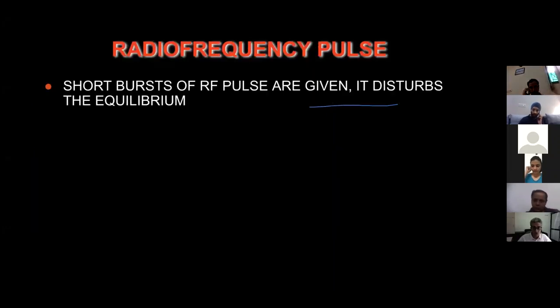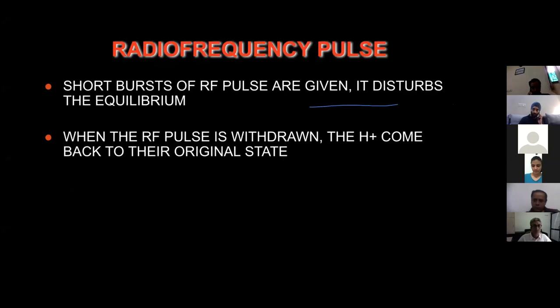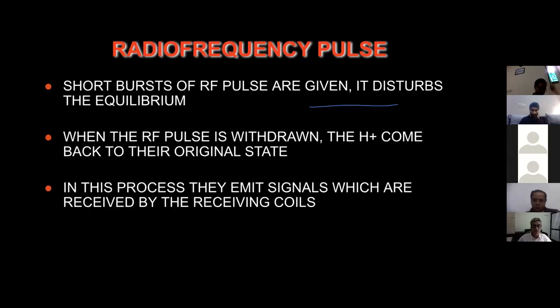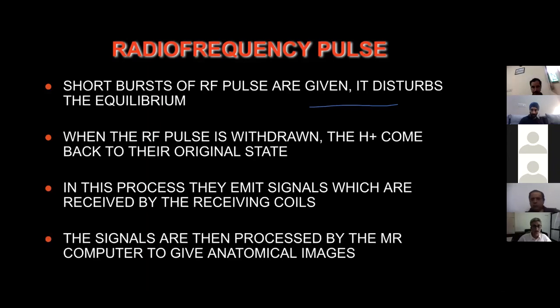Short bursts of radio frequency pulse are given. It disturbs the equilibrium. When the RF pulse is withdrawn, the hydrogen ions come back to their original state. In this process, they emit signals which are received by the receiving coils, and these signals are then processed to form anatomical images.